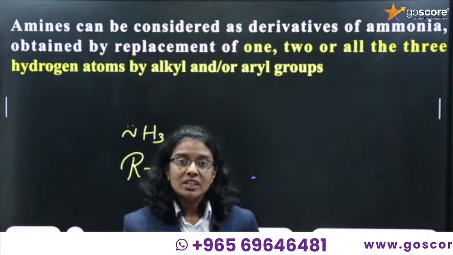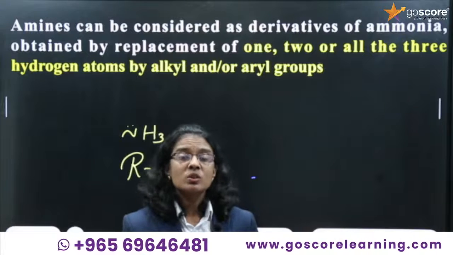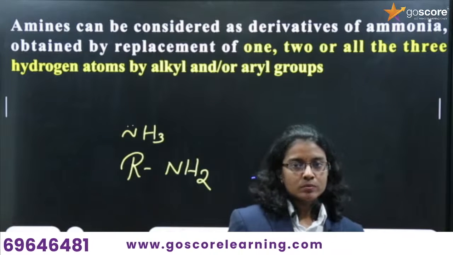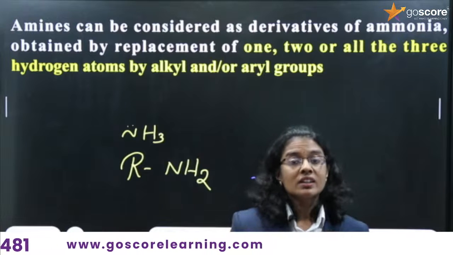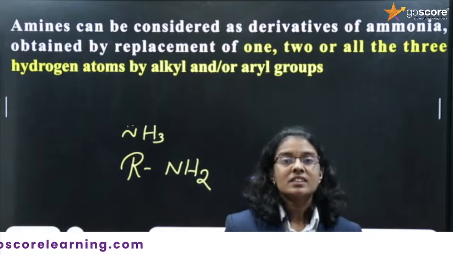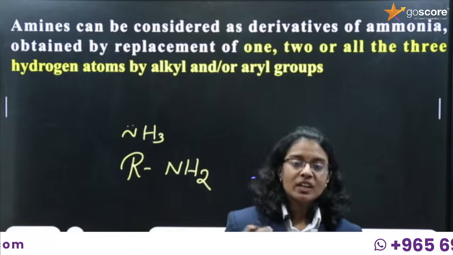Other biologically active compounds like adrenaline and ephedrine are used to increase blood pressure. Quaternary ammonium salt is used as a surfactant. Again, this is an amino group. So studying amine is very, very important.